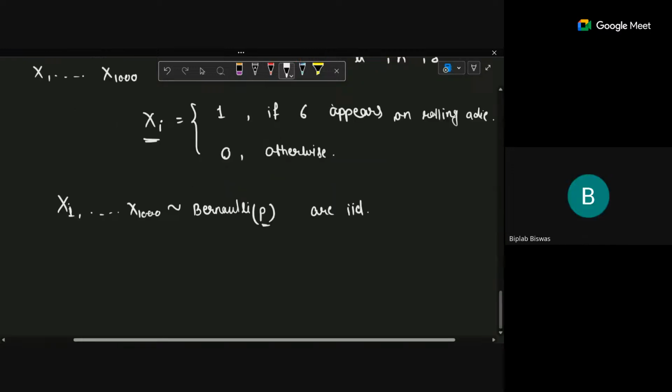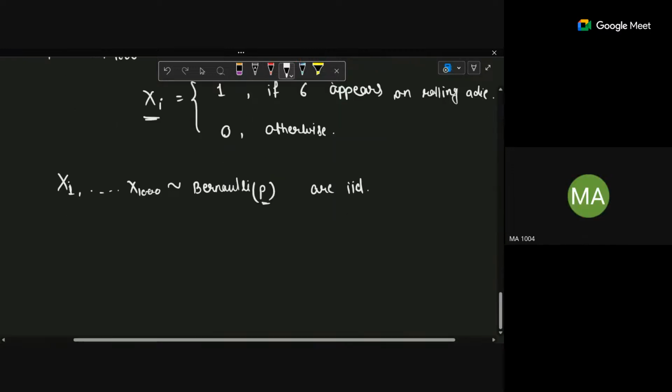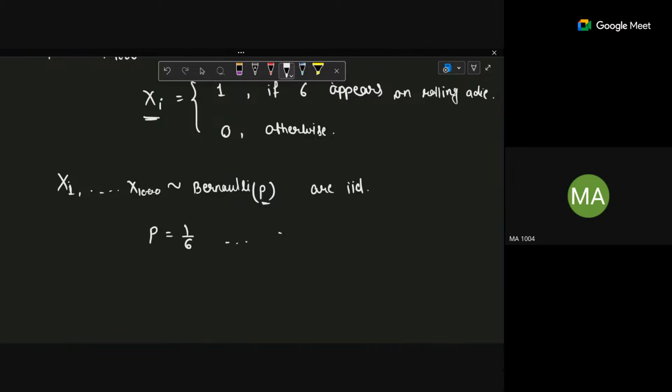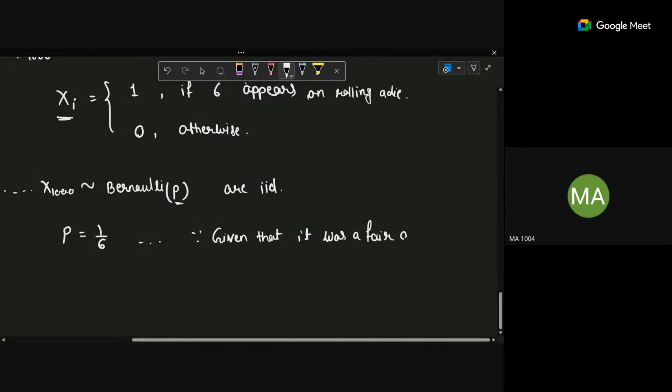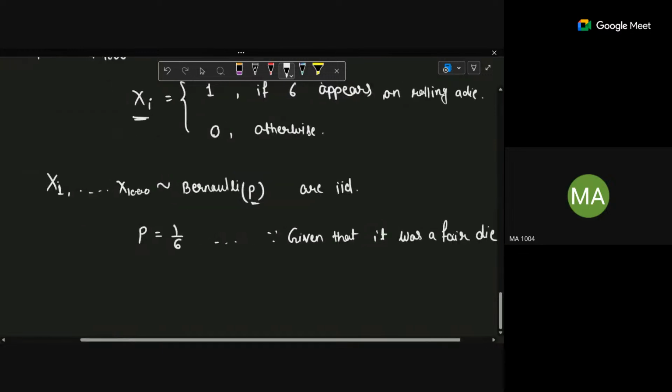Yes, this P will be 1 by 6. Why? Because the given die is fair. So for every step, there is a reason. So the probability is 1 by 6.